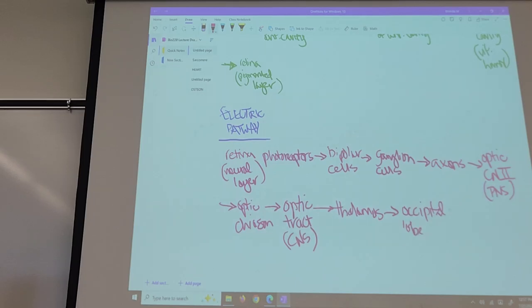You can say visual cortex if you want, that's accurate. There you go, for conscious level processing. Fantastic. All right, so there you go. You got electrical pathway, you got the light pathway. Questions?